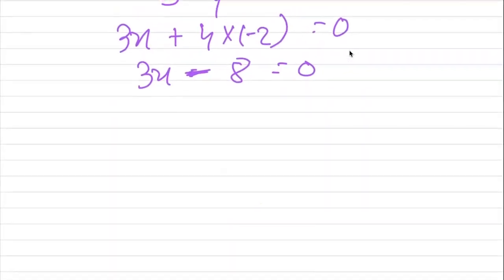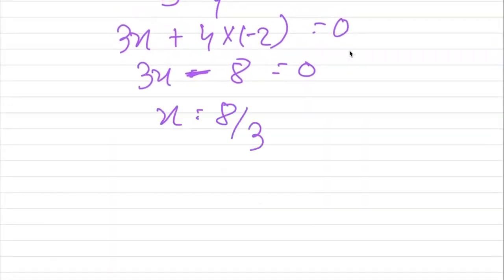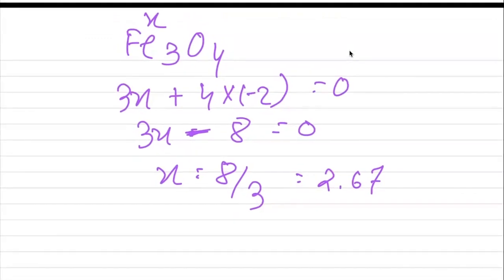So x will be 8/3, which means 2.67. So a fractional oxidation state will also occur. Here iron has an oxidation state of 2.67. It's not true that fractional oxidation states do not occur. Regarding fractional oxidation states, we will learn in detail later. So till this much it is clear.